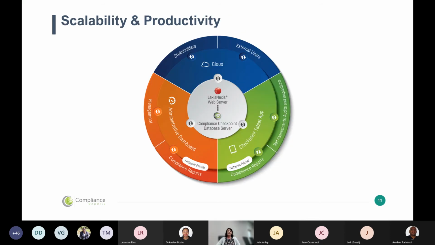In terms of scalability and productivity, this schematic highlights the interplay between some of the users and some of the stakeholders within the system. So if you're looking at having a central point for data collection, you'll be able to collect it there, analyze it there, and it can provide you with an organization-wide perspective, which will enable the monitoring of compliance across the organization from a single dashboard.